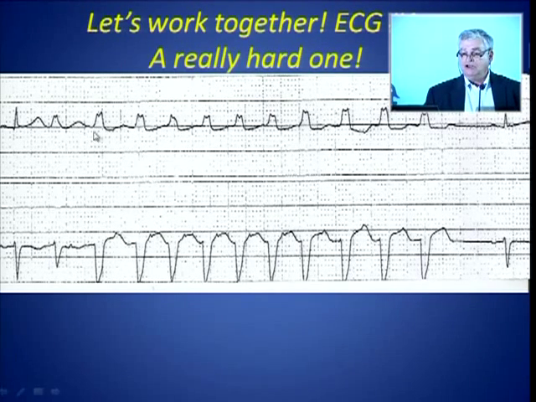Then I see a wide QRS tachycardia with a slightly different morphology than the first beat. And for each beat, I see a P wave, a one-to-one VA or AV relationship. I didn't say one-to-one VA conduction or AV conduction. It could be neither, it could be both.